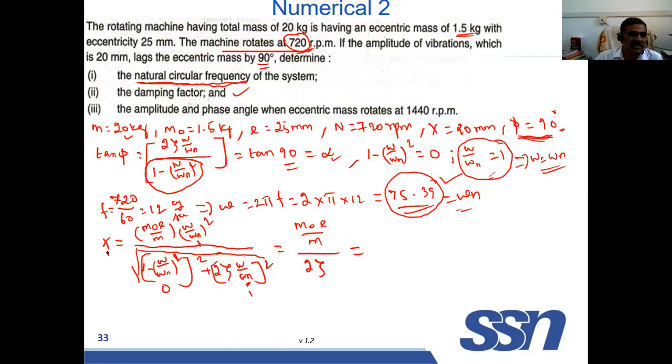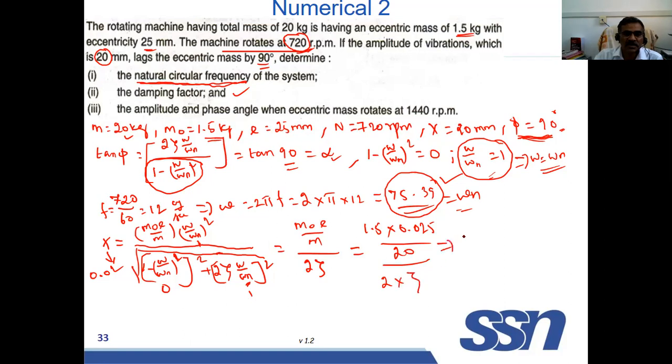So here if you substitute, what is the value of x? X is equal to, in the problem it is given, 20 millimeter. We substitute in meter, so 0.02. What is the value of m naught? M naught is equal to 1.5 kg. What is eccentricity? Eccentricity is equal to 25 millimeters. So substitute in meter, 0.025 divided by m. M is equal to 20 kg, divided by 2 into psi.